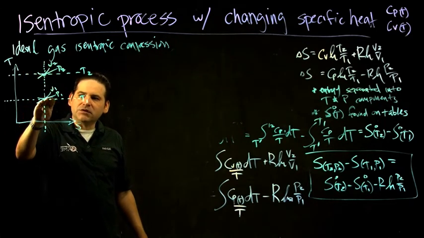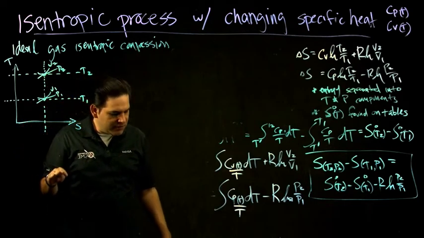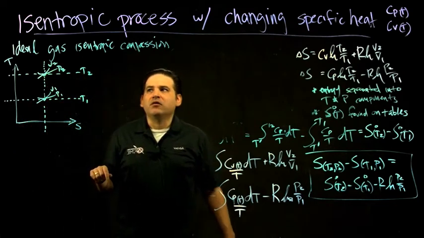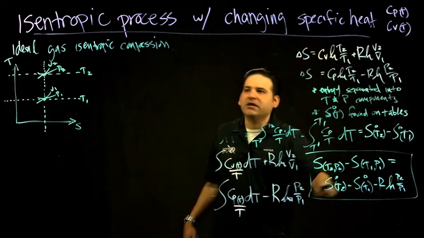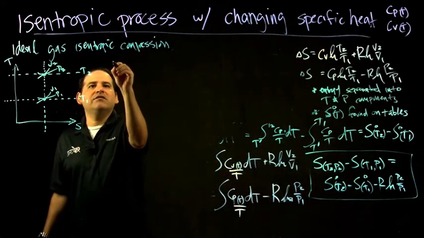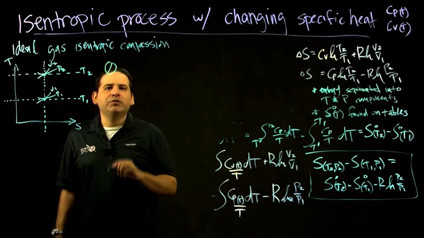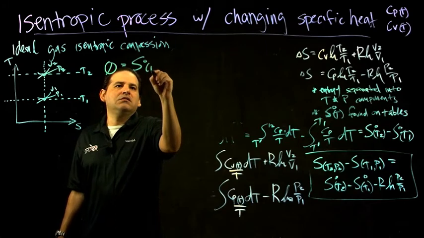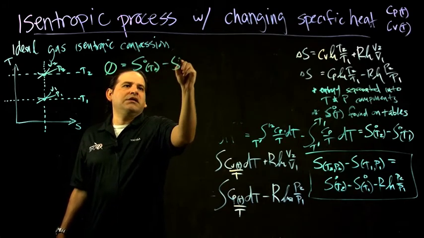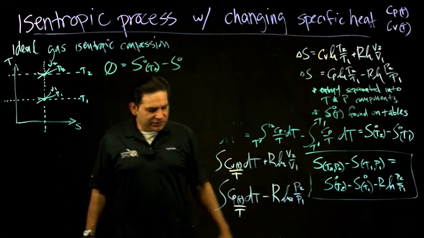So what we're going to do is go from a low pressure to a higher pressure, and if we're talking about an isentropic compression, we can use this relationship here, and that will give us that the change in entropy is 0, which we relate to these relative pressures.